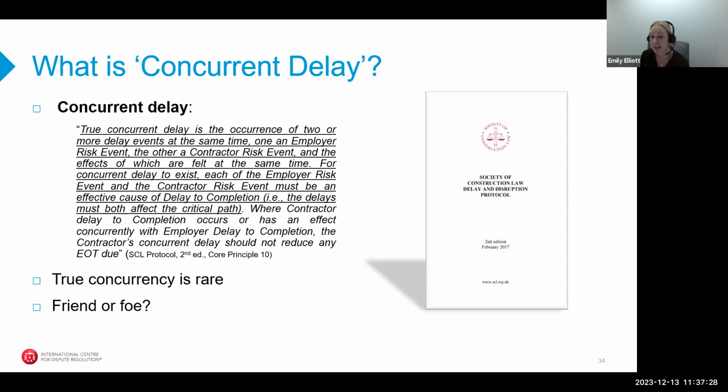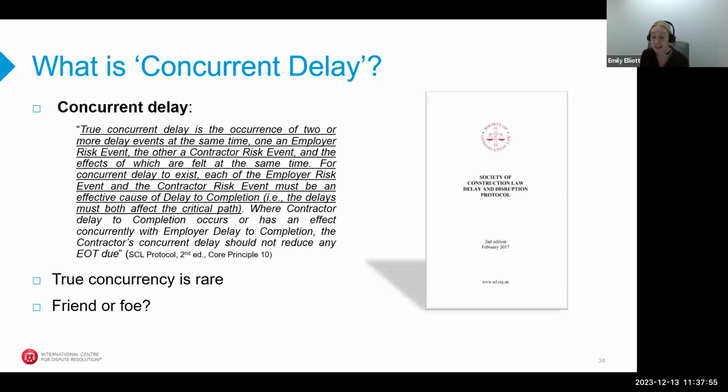And there's generally a lack of regulation as to establishing concurrency. In fact, there are actually conflicting legal authorities on what actually constitutes concurrent delay. And is this a friend or foe? You know, owners typically try to construe concurrent delay more broadly, whereas contractors tend to argue that a much more narrow definition of concurrent delay should apply.